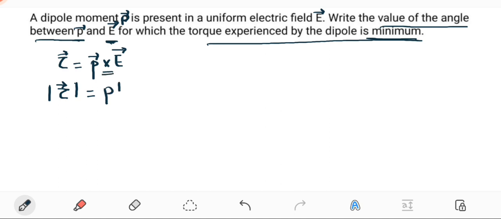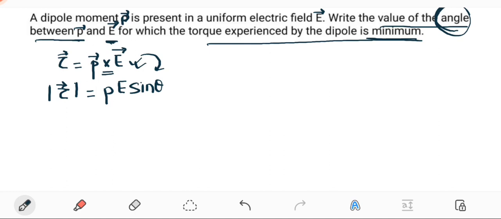Why have we taken the magnitude? Because we were supposed to be finding the angle, and when we are talking about angle, we need theta in the formula. In the initial formula we did not have theta, that is why we have simplified it as P cross E is equal to P E sine theta.